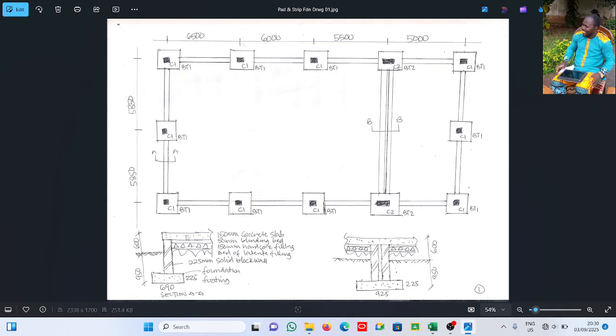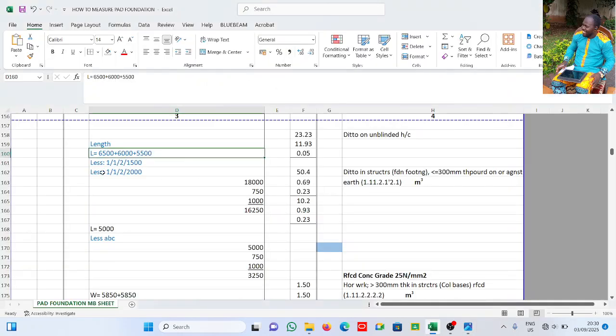The same thing here. Oh sorry, I'm coming inside. I will less 2 by half by 1.5. I will less 2 by half by 1.5 here on the length and on the width. That's because I'm coming inside. Less 1 by half by 1.5.